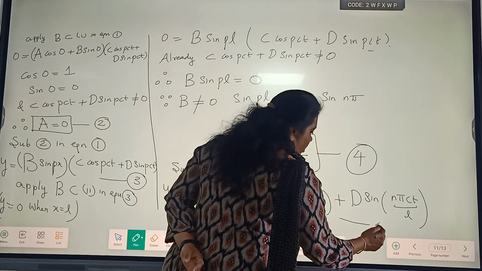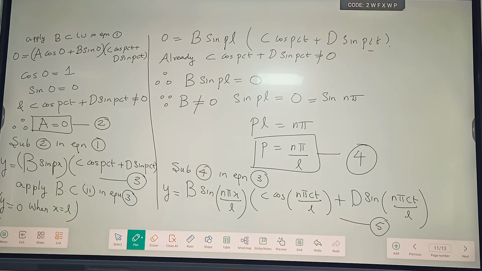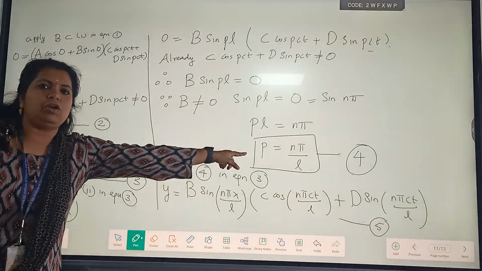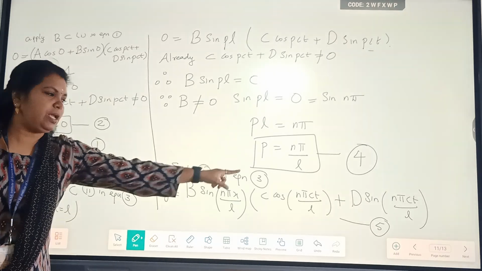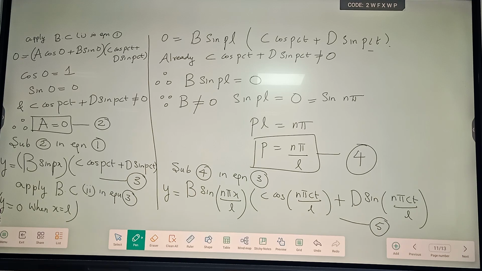Take it as equation number 5. So from the first boundary condition we got A equal to 0, from the second we got p equal to n pi by L. Still two more boundary conditions remain.